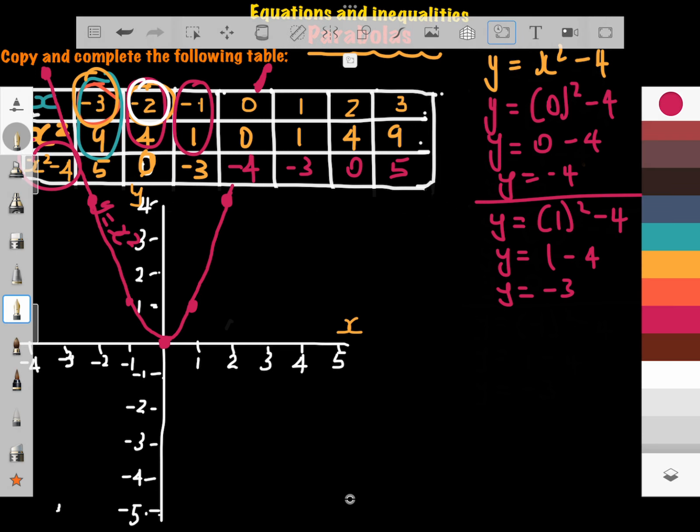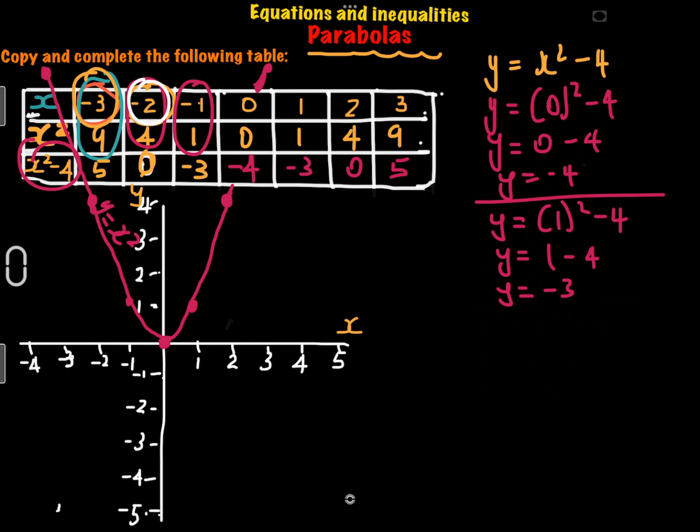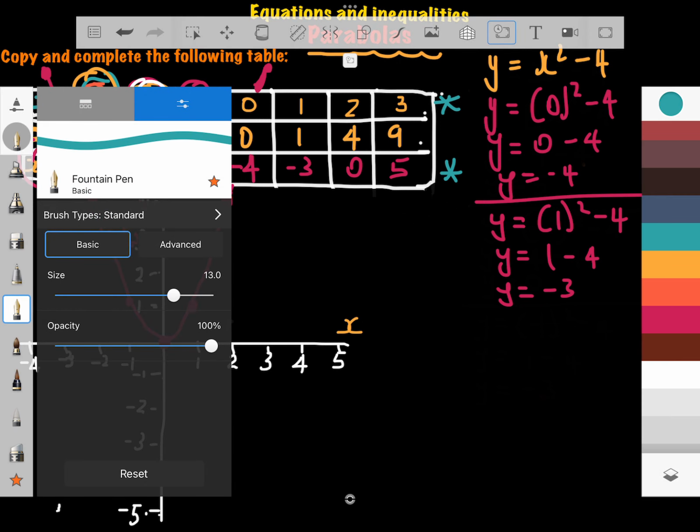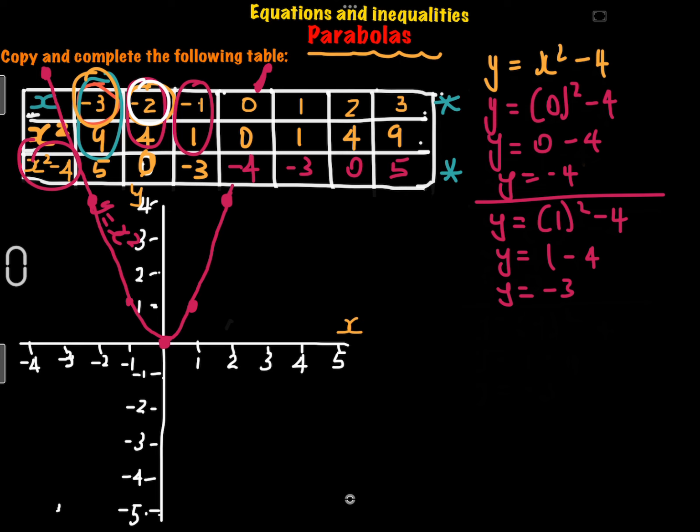Now, in essence, what we need to do now is to actually find the intercepts of these coordinates. When x is equals to -3, y is equals to 5. So it is somewhere there.